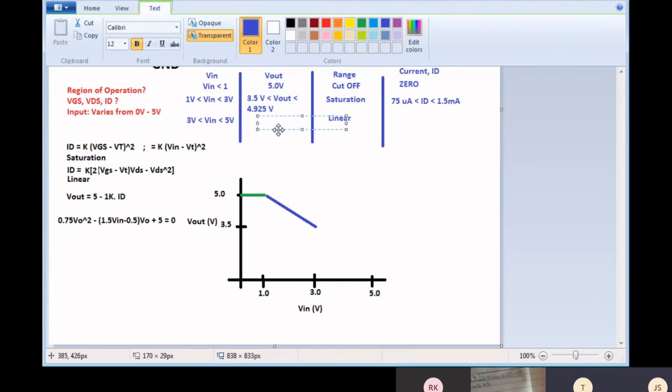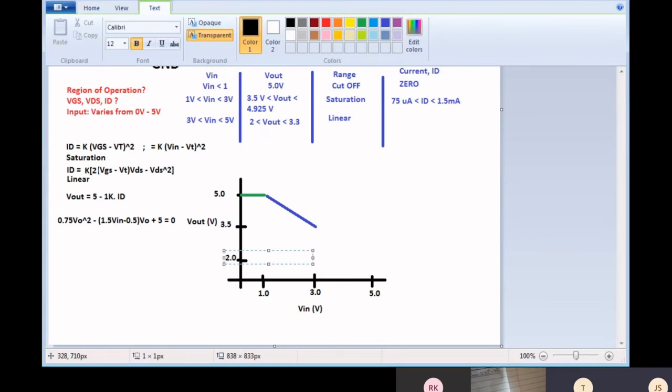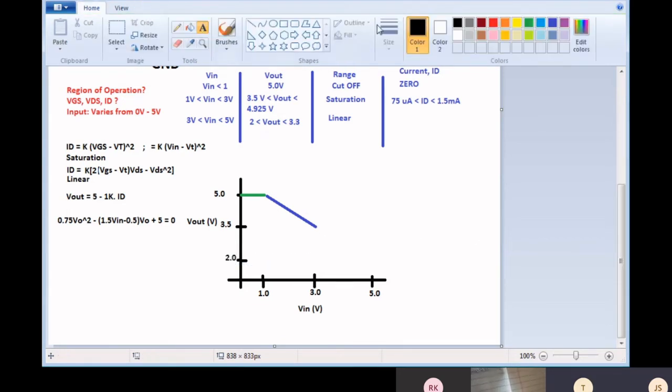Correct? So I have to put one more bar over here. So this is 2.0. So around 3.3.